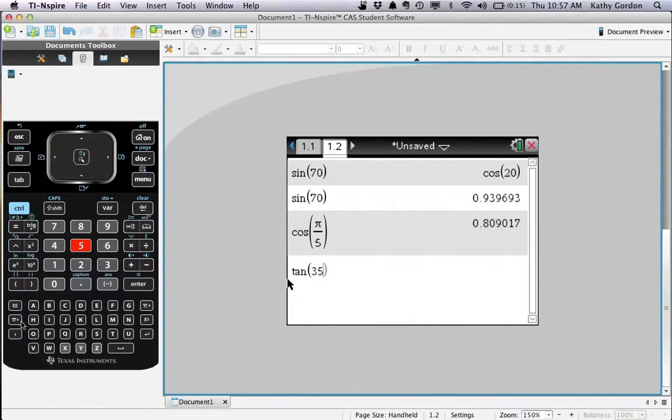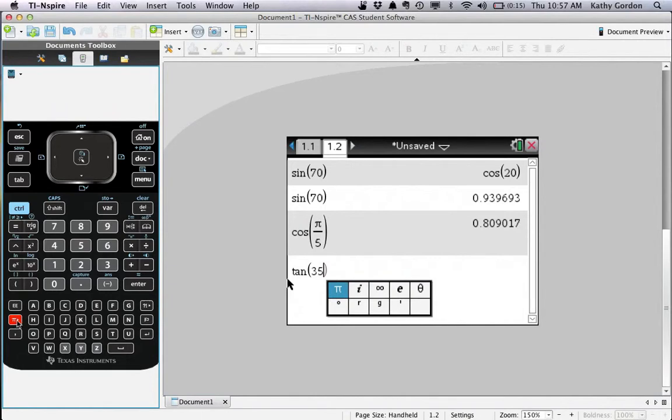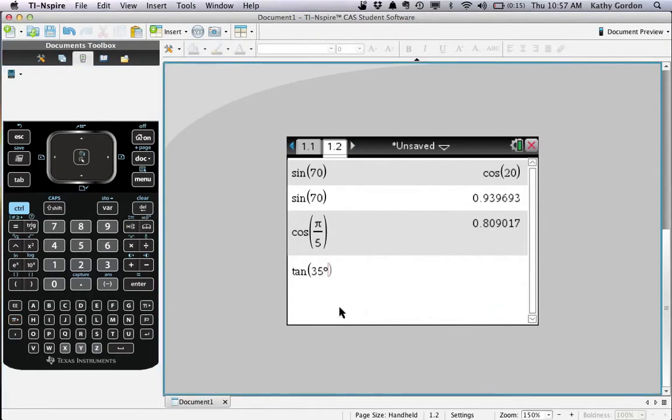So I go to this same button where I found my pi, and right under it there's a degree. If I type that degree in, then I am telling the calculator to override the setting of radians and calculate this one in terms of degrees.